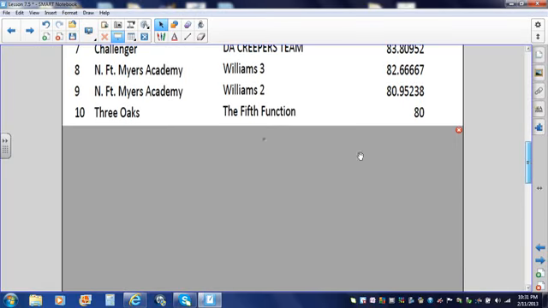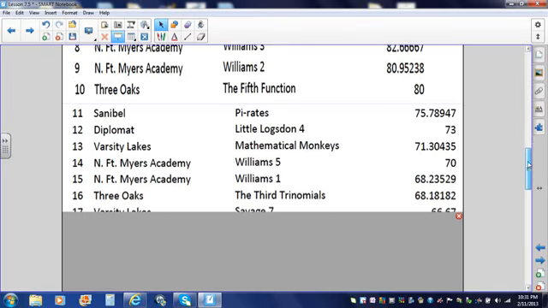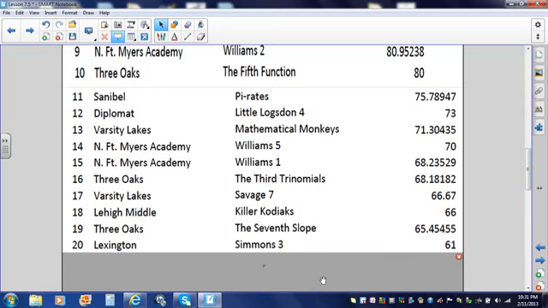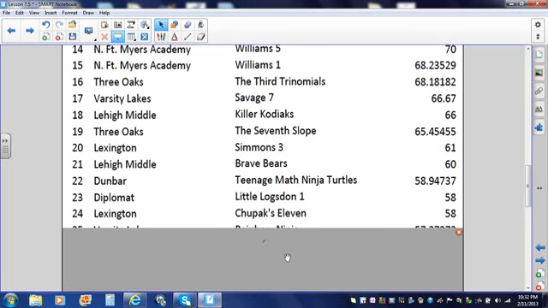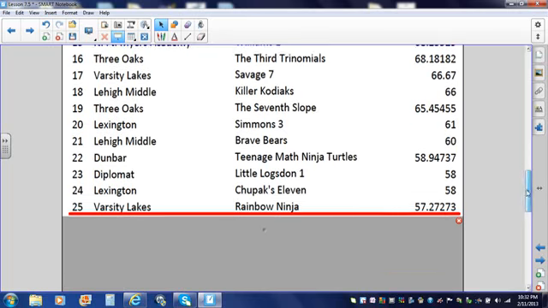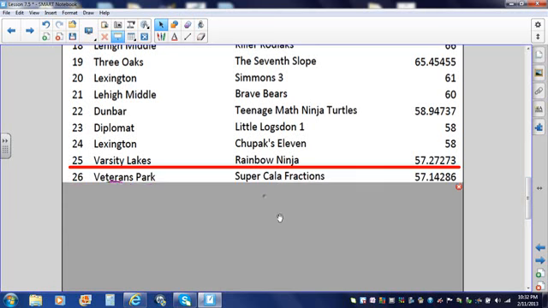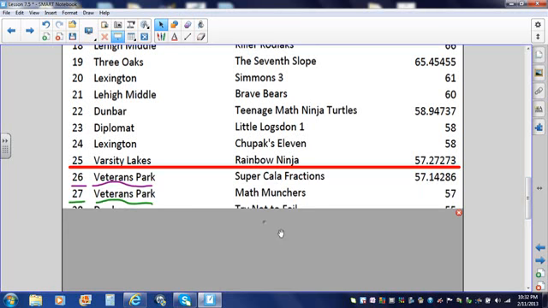So let's keep going. 11 through 20. No Veterans Park. 20 through 25. No Veterans Park. Aw, man, Supercalifractions, you missed a check mark by 0.2 minus 0.1, 1/10.